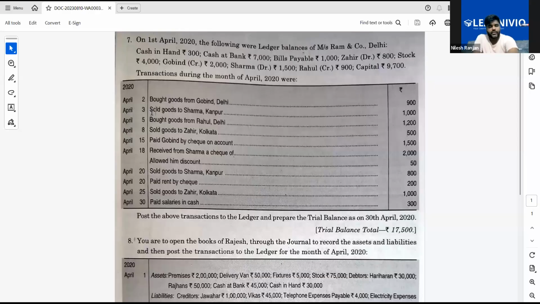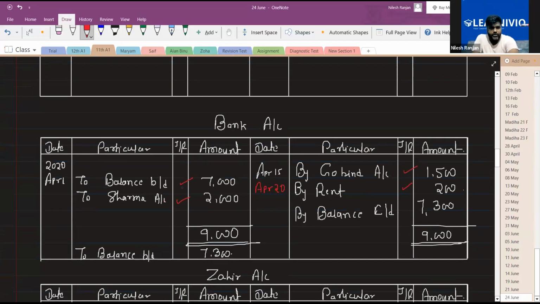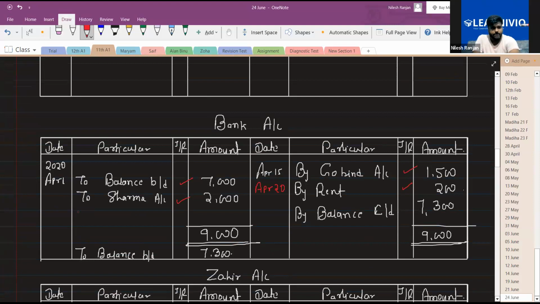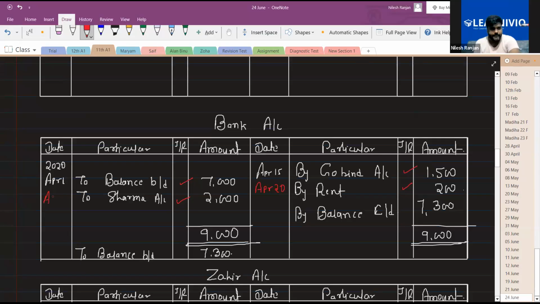All the transactions are written. I have to put some date because some dates are missing. The cash account is complete. Bank account, there is this Sharma 2,000, April 18th. And this is April 30th. This is May 1st.